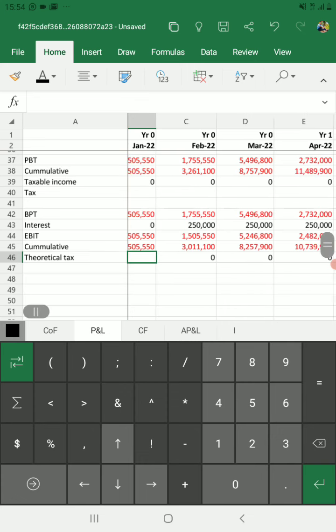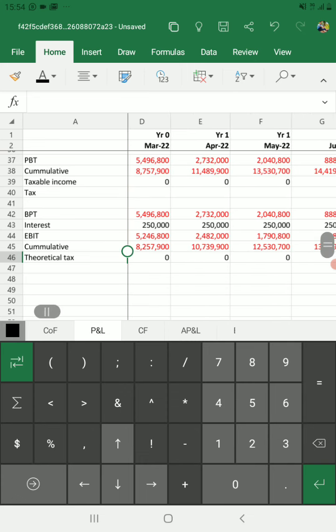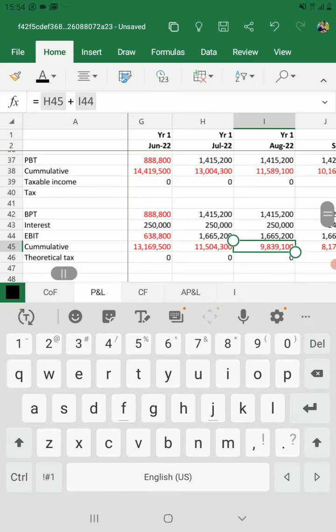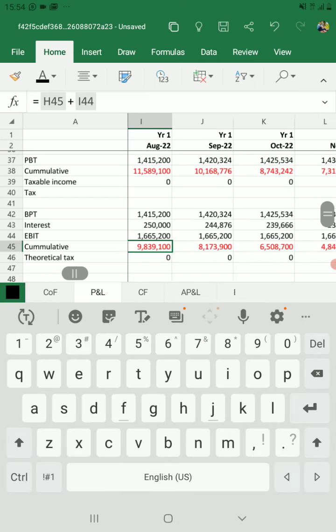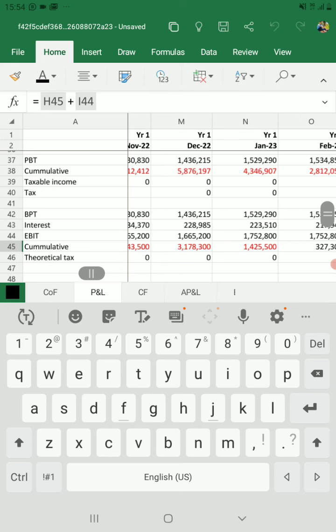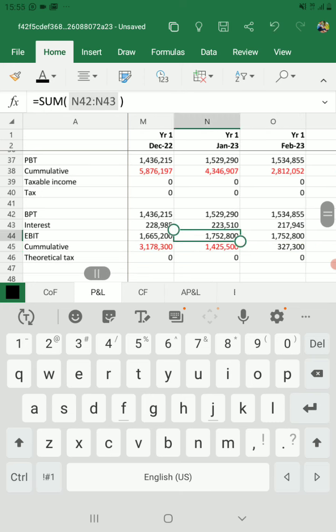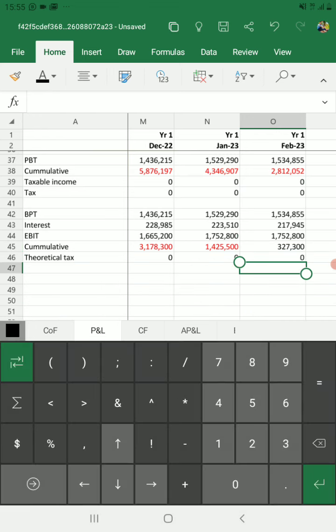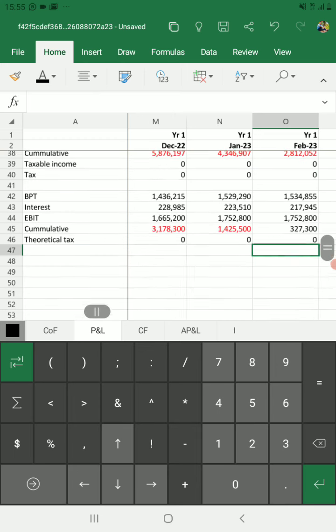The same principle applies: we start charging tax after we have exhausted all cumulative losses, and in this case we see the cumulative figure is negative and ends here in January. From February it is positive. So from here we will start to charge theoretical tax, because you can't charge tax on a loss.